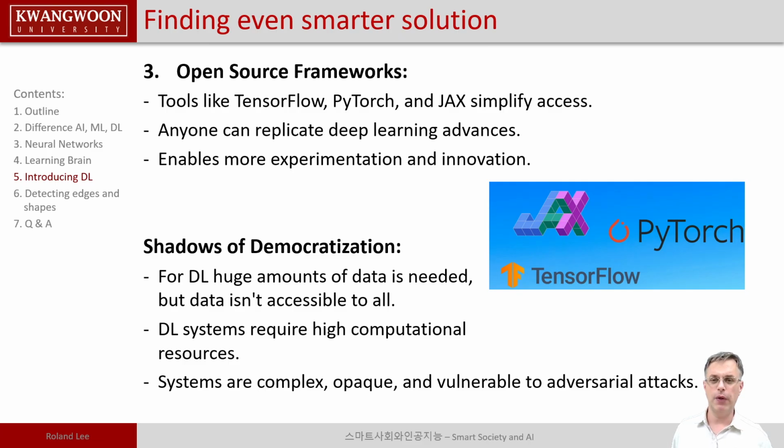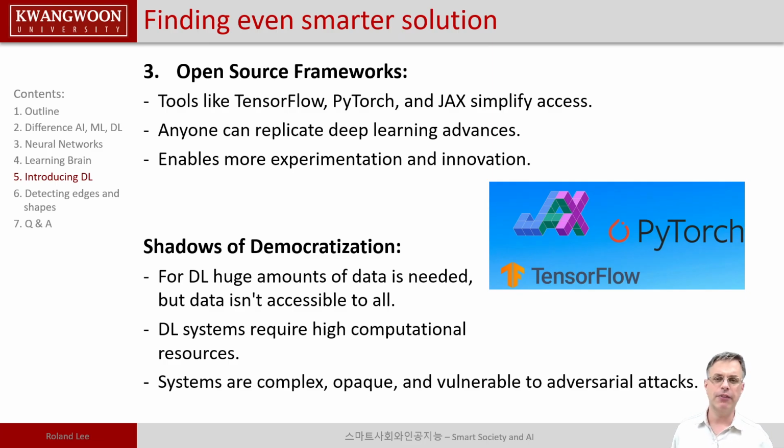Now, also, deep learning systems require huge computational resources and are so complex that their outputs are both hard to explain and frail, because tricks can fool those systems very easily. Bias is also included.